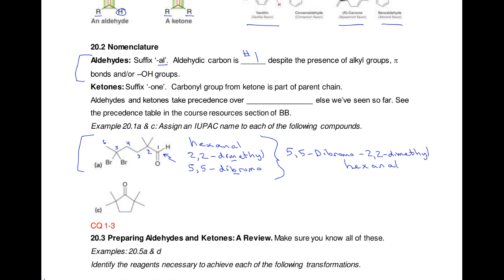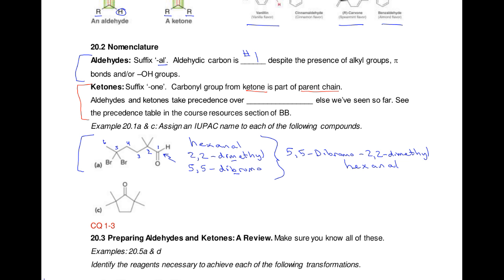For ketones, unlike aldehydes where our suffix is "al," our suffix will be "one." The carbonyl group from the ketone is going to be part of the parent chain. Even if there is a longer chain, it doesn't matter; we have to include the ketone in the parent chain.